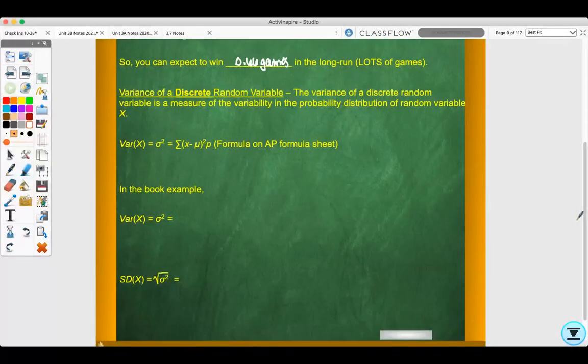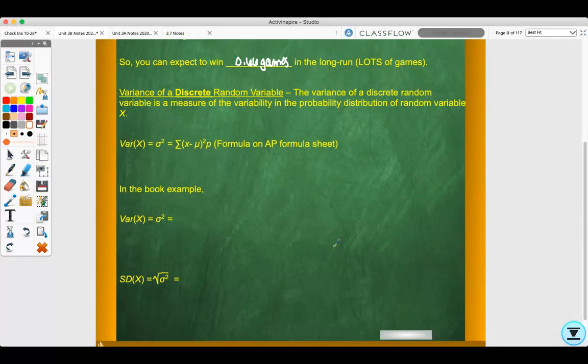Variance of a discrete random variable. The variance of a discrete random variable is the measure of the variability in the probability distribution of random variable x. Our variance is the standard deviation squared, and this formula is also on your formula sheet.